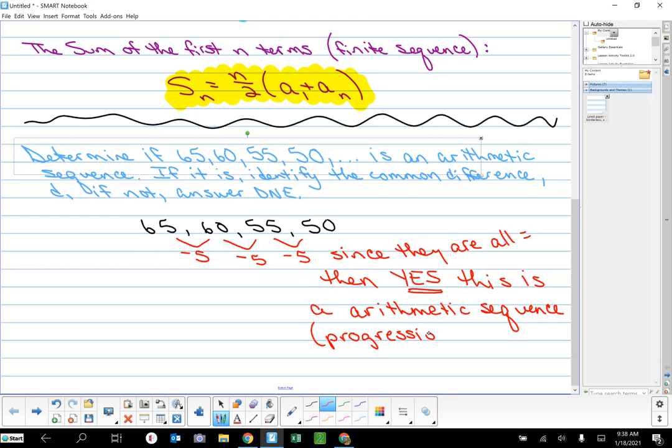Again, that's the word that Varsity is using. And D is equal to -5. Okay, so D can be negative. That's an okay thing that can actually happen.